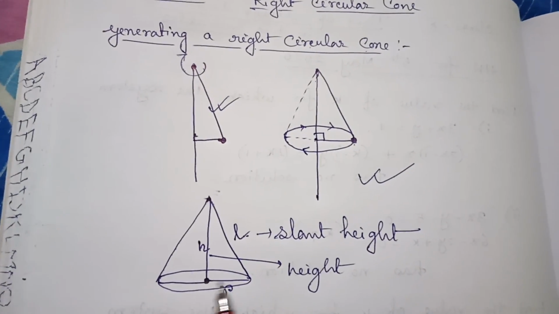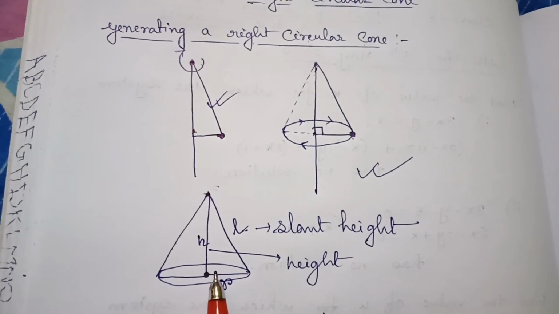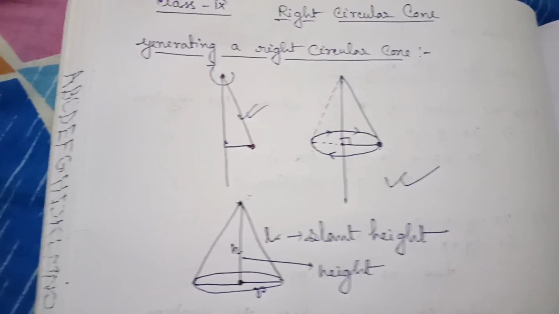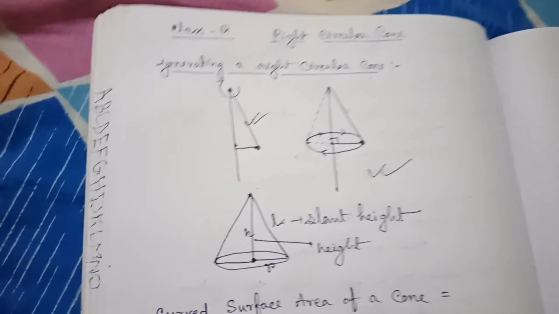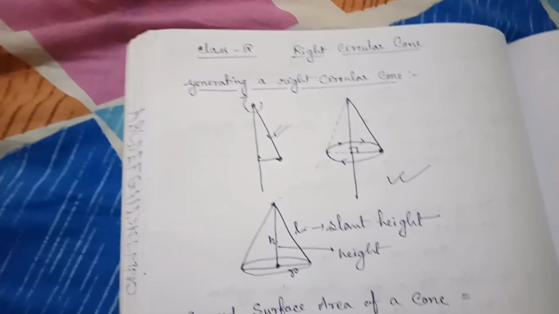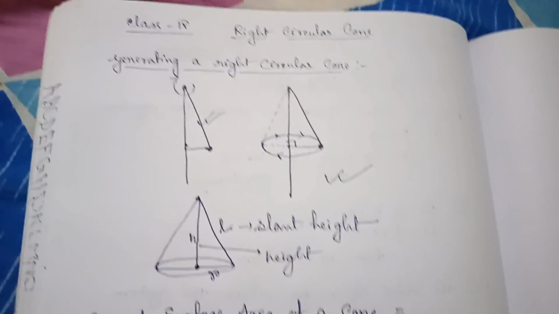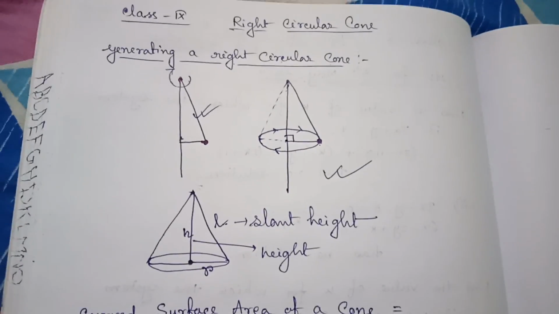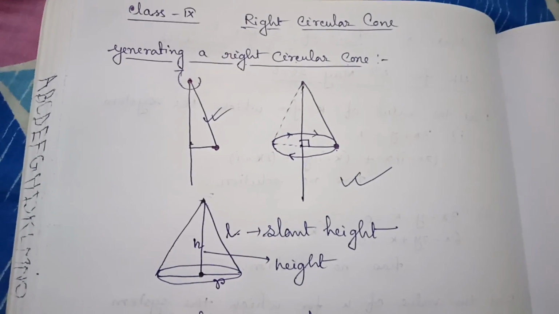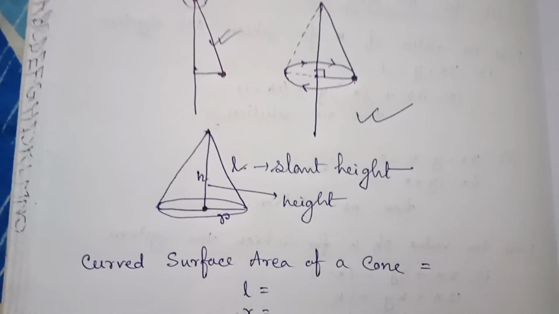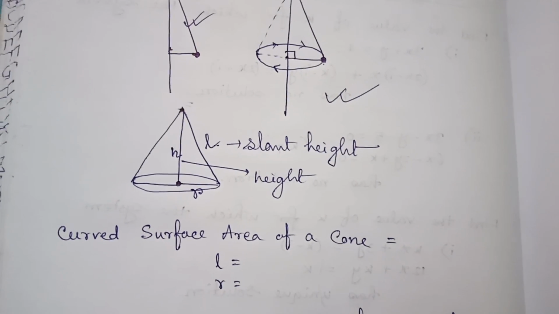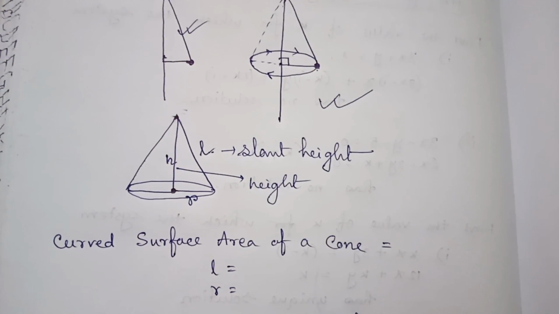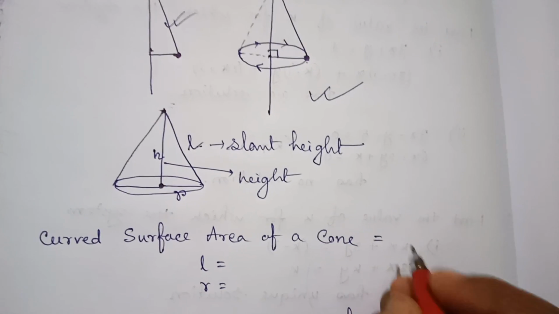Now, depending on this particular figure, there are three formulas related to right circular cone which will be used in your syllabus for doing several sums. The first formula is the curved surface area of a cone.